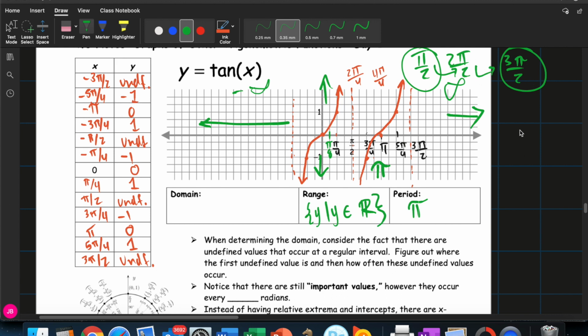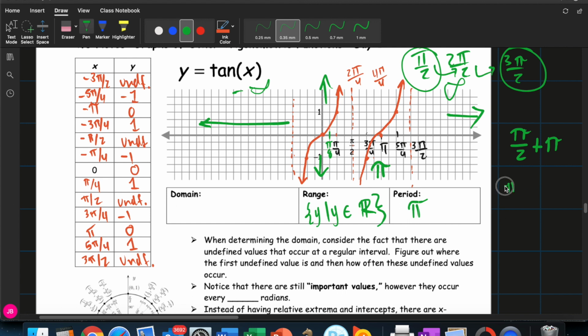So what you're trying to tell me is that there's going to be asymptotes at pi over 2, and then anytime you add a full pi to it, because 2 halves is just 1 pi. Pi over 2 plus pi. Now, how many times can I add pi? Just once or two times?